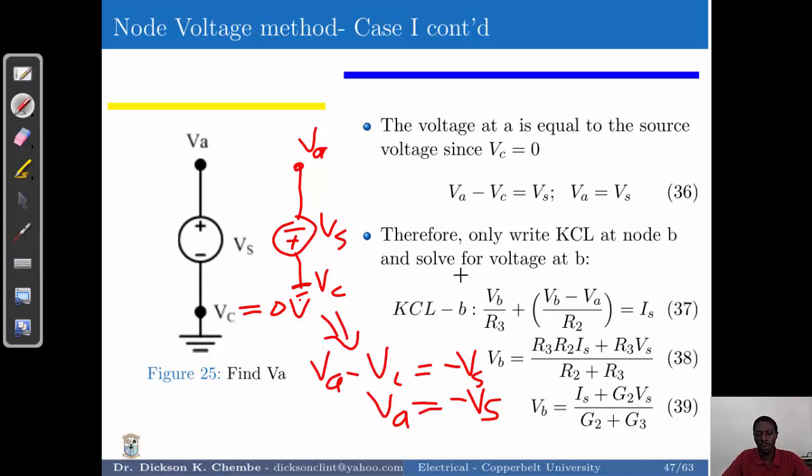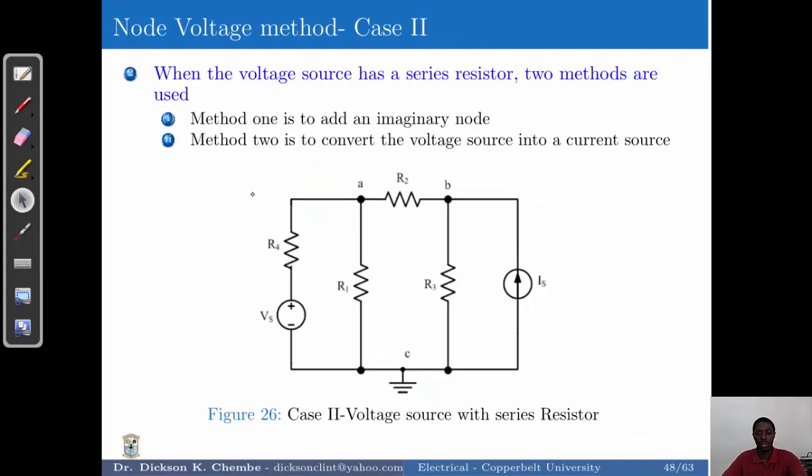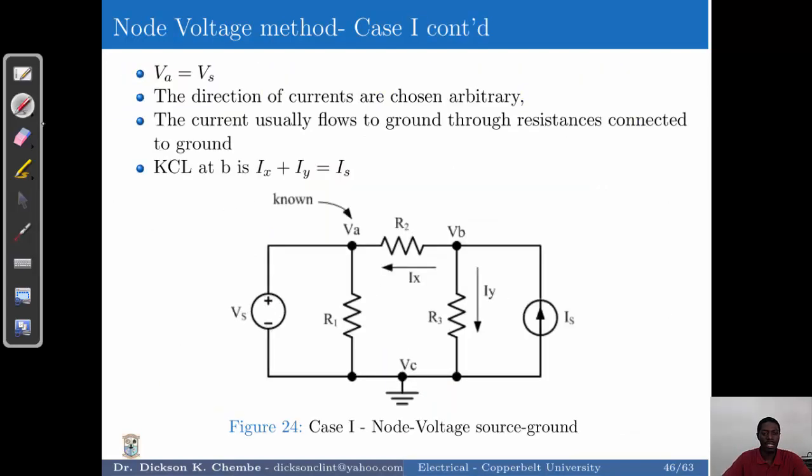If we go back to looking at the circuit, since VA is known and what we are remaining with is VB, all we have to do is apply KCL at VB and create the equation. We have IX plus IY equal to IS, and we have to write these equations in terms of the node voltages. So what is IX?